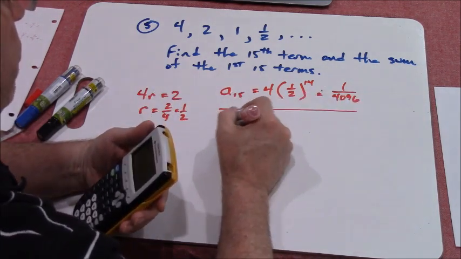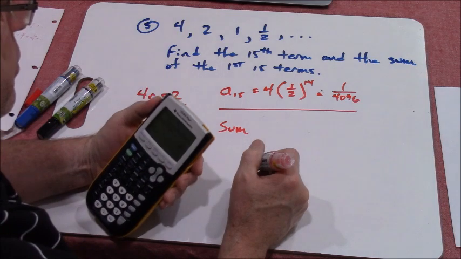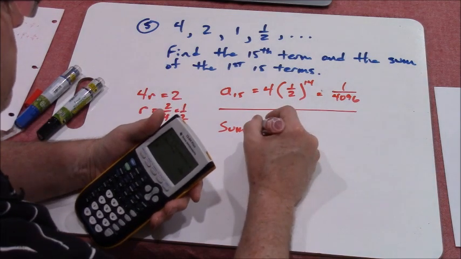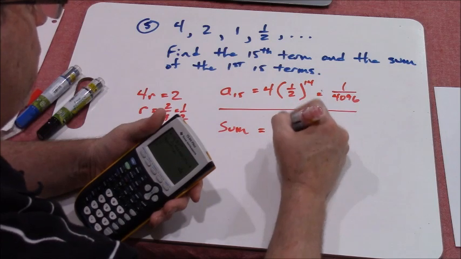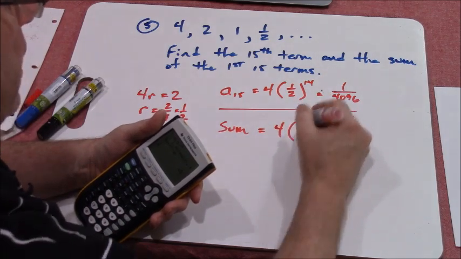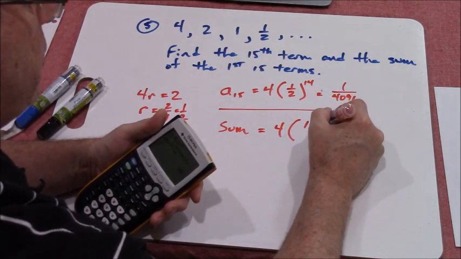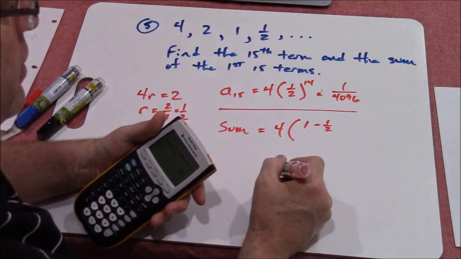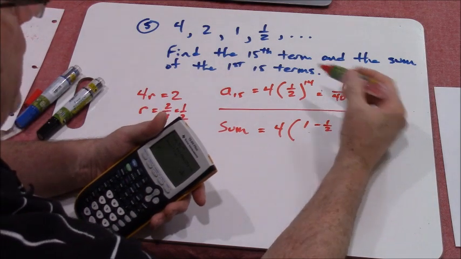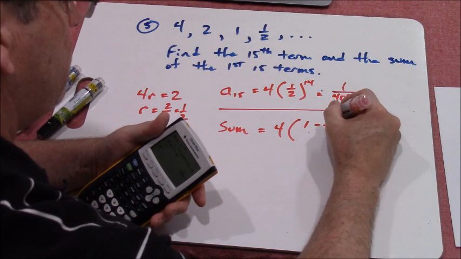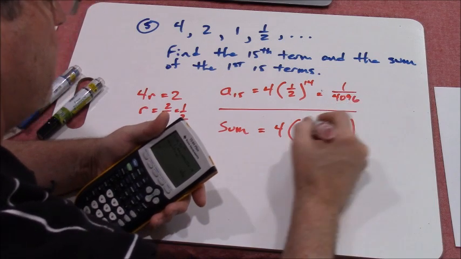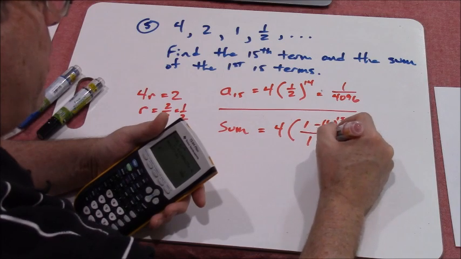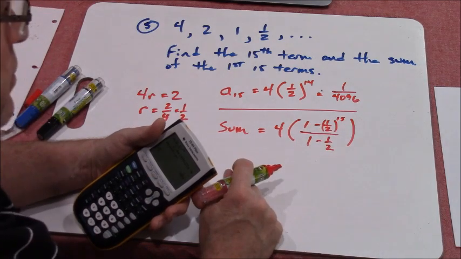So now what would the sum of those first 15 terms be? Well, based on our formula, we've got the first term, which is 4, times 1 minus 1/2 raised to the 15th power. So I should put that in parentheses. And then divided by 1 minus 1/2.